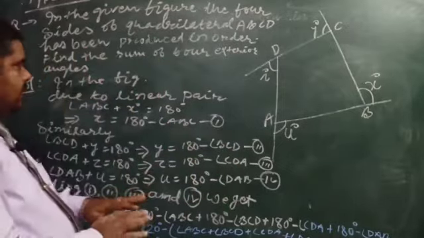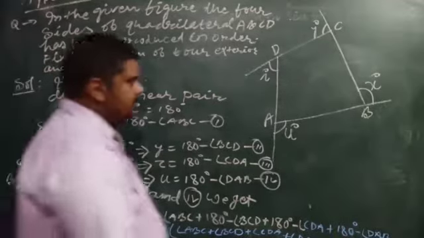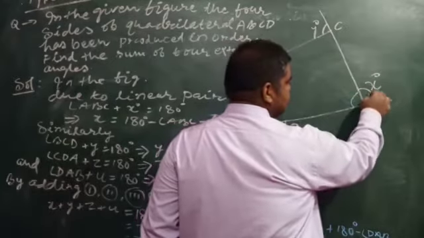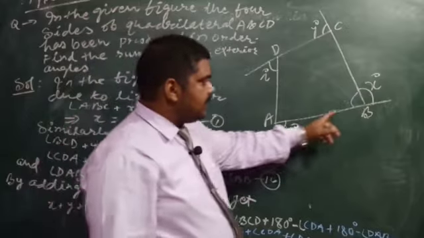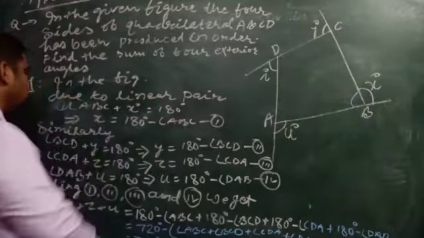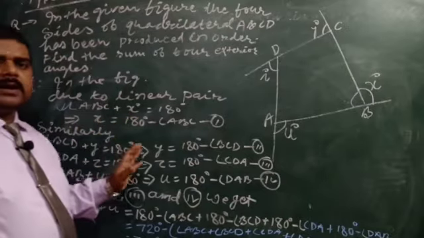And my dear, for the solution, you know very well that these two angles are known as a linear pair because the sum of these two angles must be equal to 180 degrees, and this is why you can apply this formula, angle ABC plus x degrees is equal to 180 degrees.